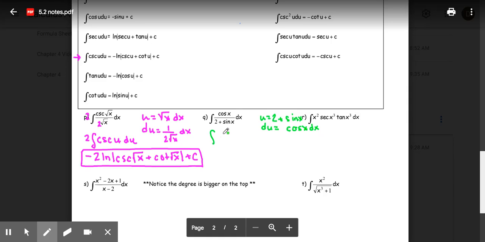So this turns into straight up du over u, which, learning from day one, integrates to the natural log of the absolute value of u plus c, and we plug our u back in. So the natural log of the absolute value of u, which is 2 plus sine x, plus c.